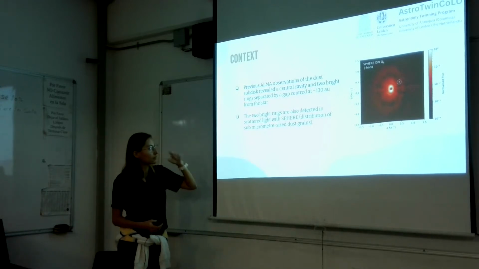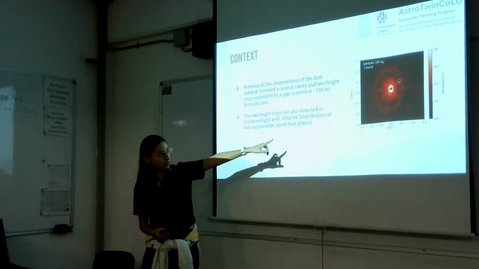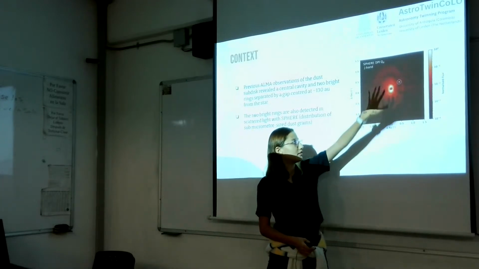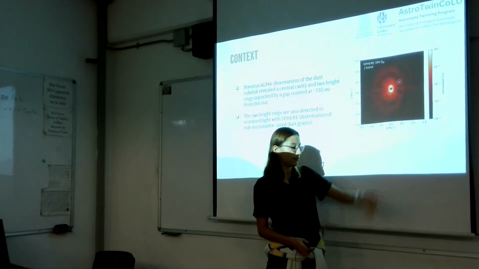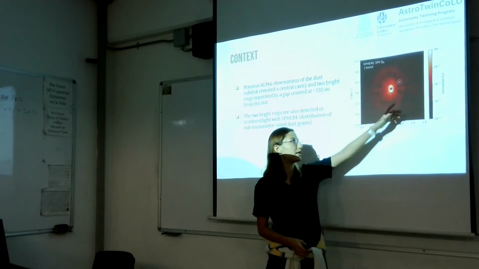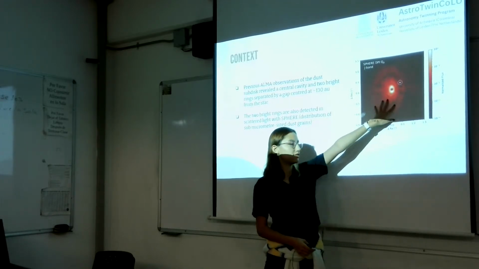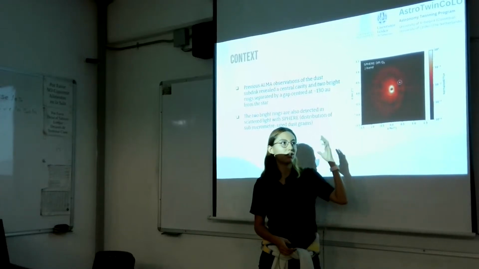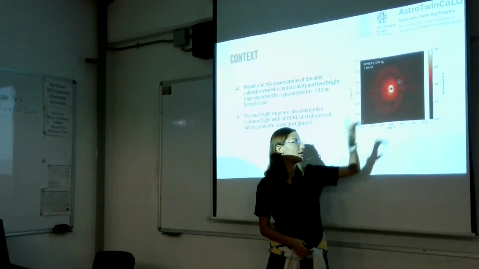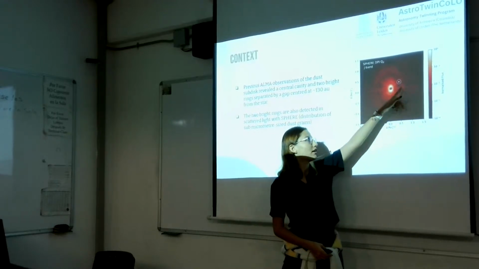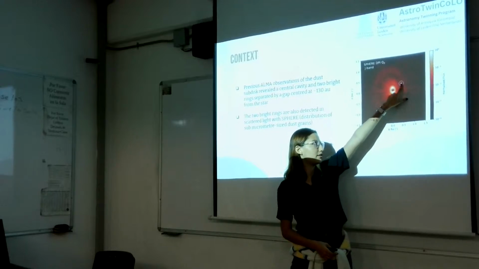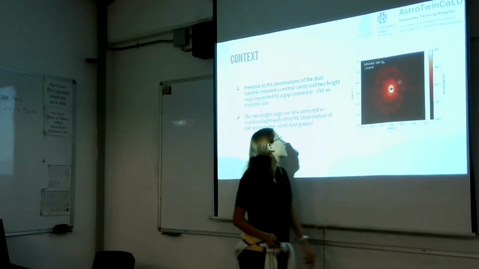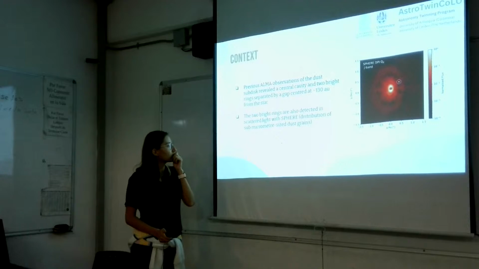They found there was a gap in the disk, and they proposed that it was caused by a planet. This disk is supposed to have two different planets, but in this paper they just studied one of them, the one that is farther from the star, and is estimated to be located at this cyan dot, with this uncertainty. And basically.